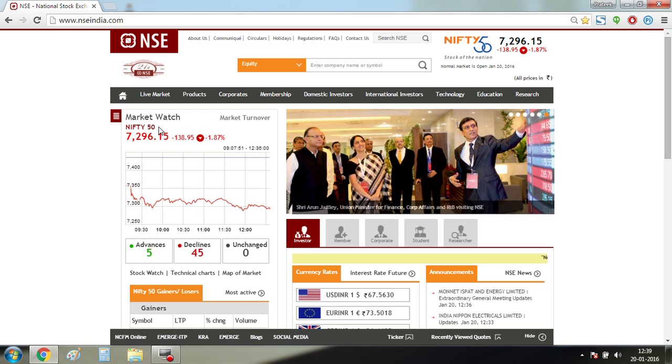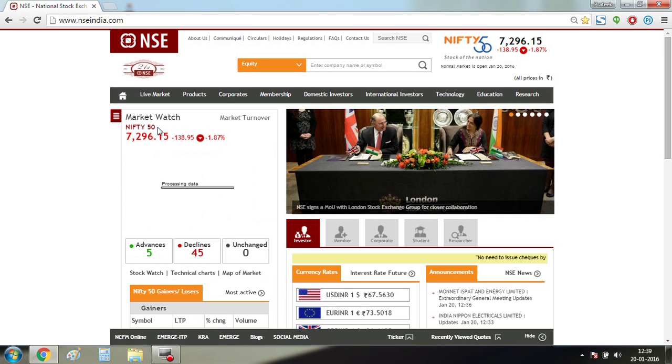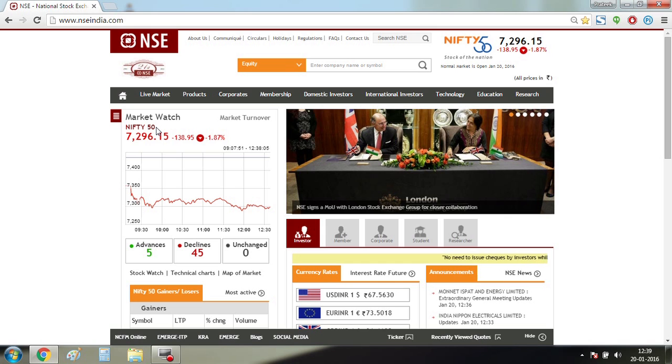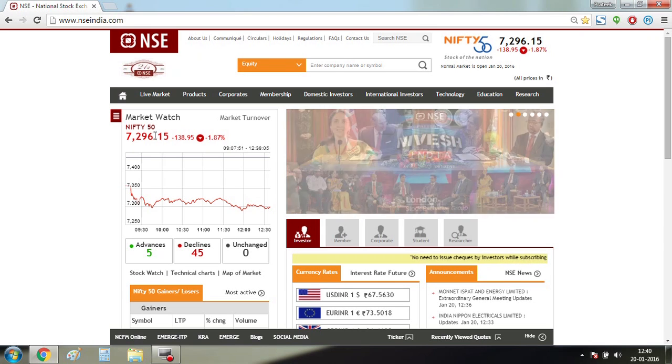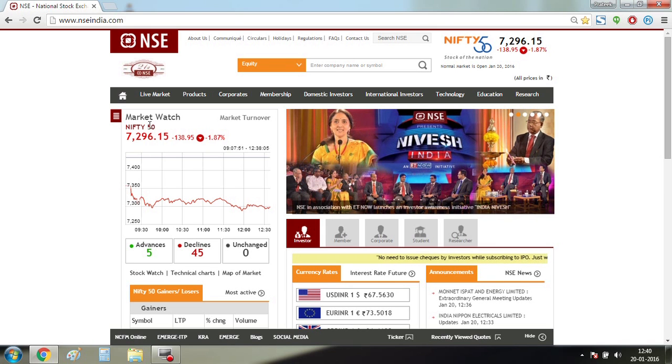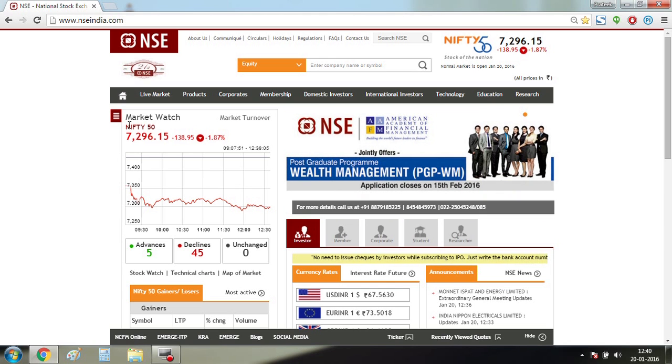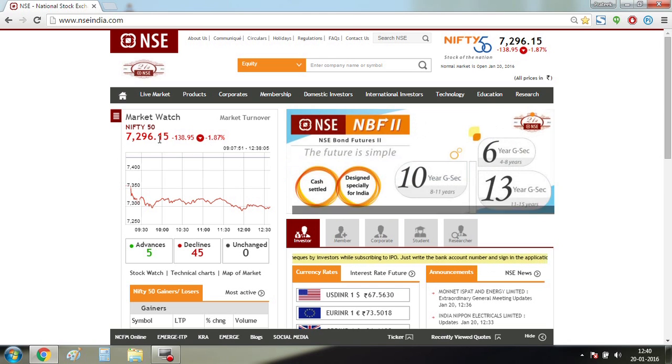Nifty is an average of 50 stocks which are selected based on their market float and traded on NSE. Now the prices of these 50 underlying stocks determine the price of Nifty. And what you see here is the live price at which Nifty is currently trading in the market.